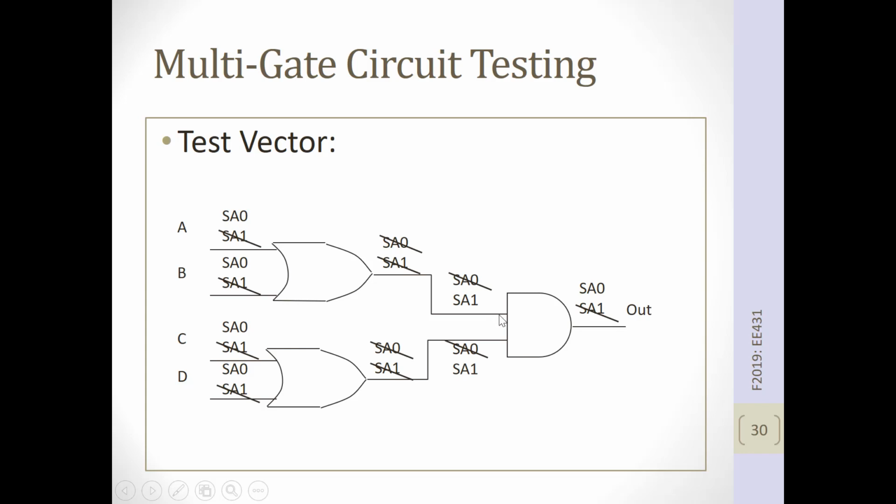If you remember, a stuck at 0 fault test for a stuck at 0 at A, a stuck at 0 at B, and a stuck at 0 at the output, that's the same test. So if you're already testing for a stuck at 0 on this input, you don't need it on the output anymore, and you can get rid of that last test. That's the trickiest part here.